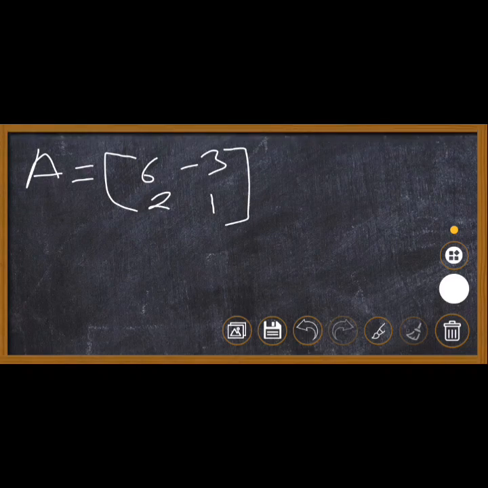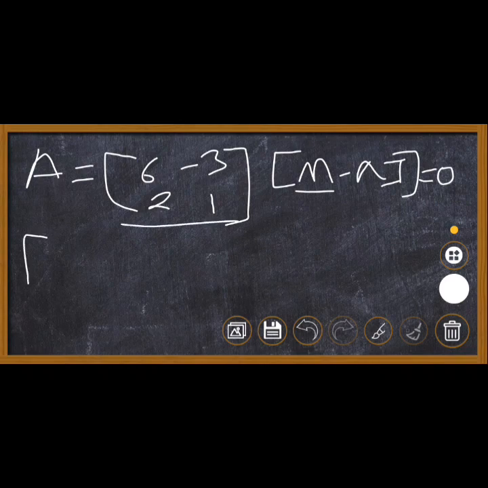The first thing that we should do here is to express this given matrix into the standard form. So remember, the standard form is where we have M minus πI equals 0. In this case, where there is the M matrix, I will replace it with the matrix that I am given.